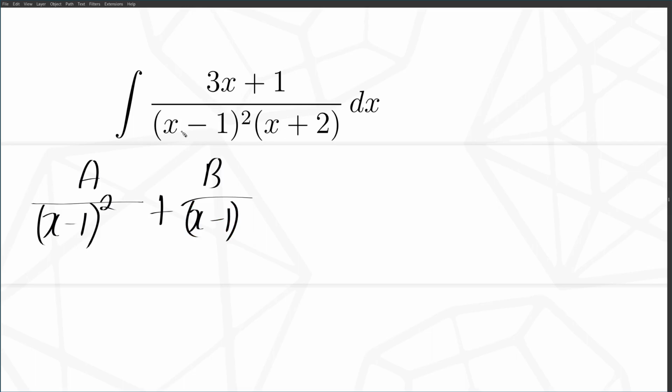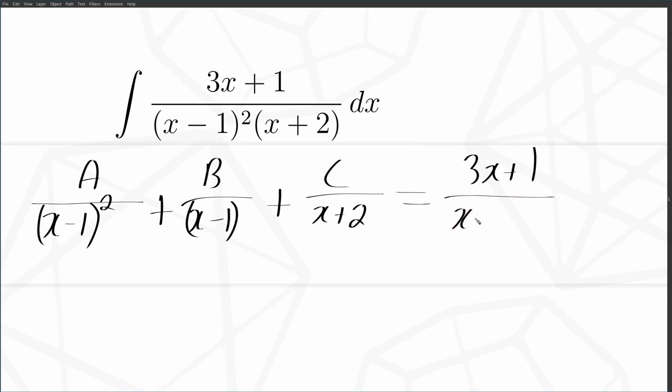If it had been x minus 1 cubed, we would have done cubed, squared, and then to the power of 1. Okay. And finally, c over x plus 2. It's all equal to 3x plus 1 divided by x minus 1 squared times x plus 2.